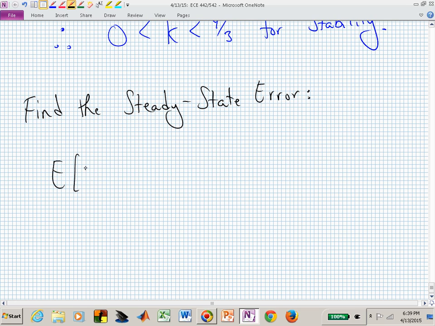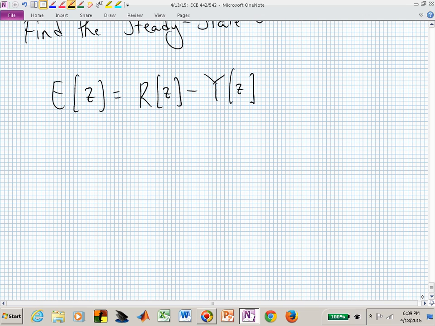The error is now the difference between R and Y. For this system, Y is now T sub C of z times R of z.